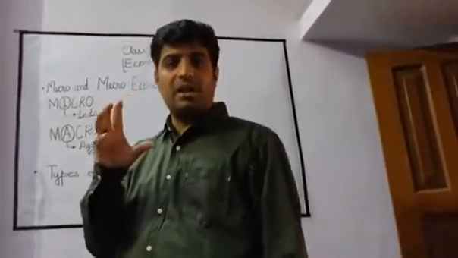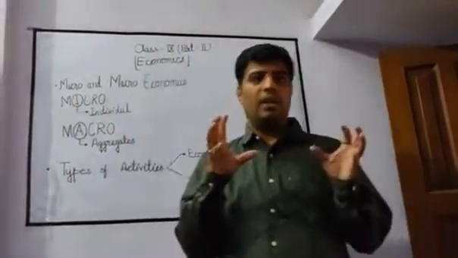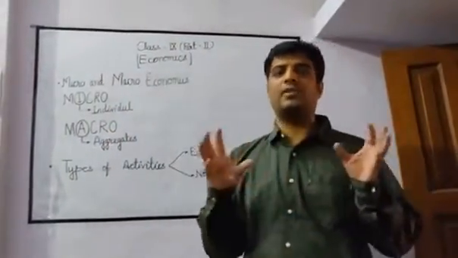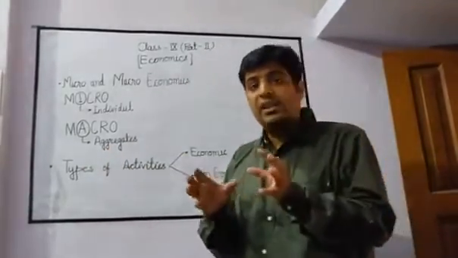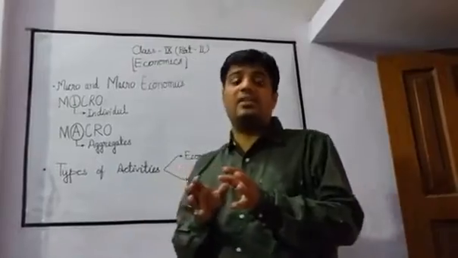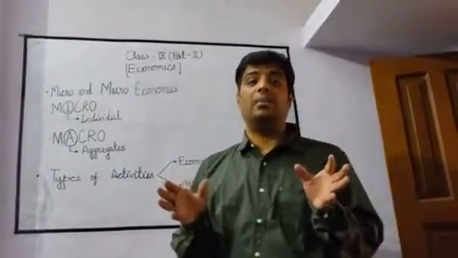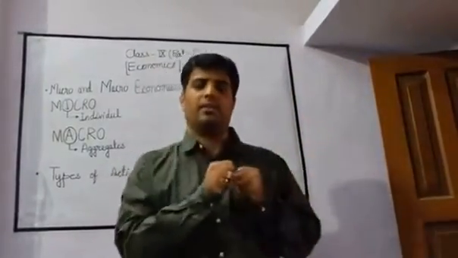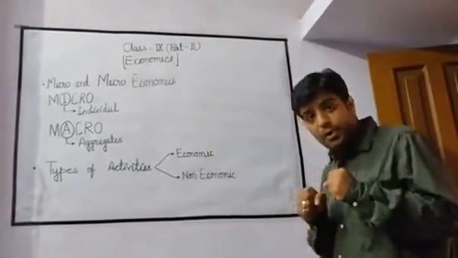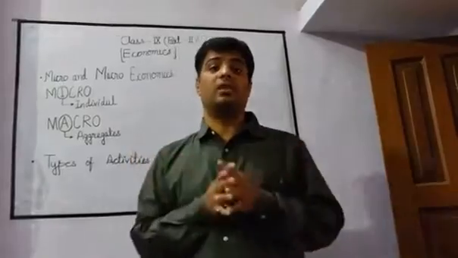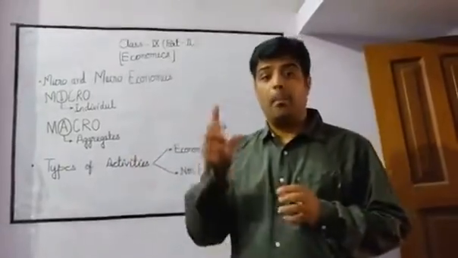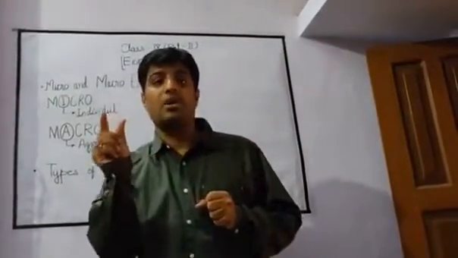Every consumer with his pocket money tries to get maximum satisfaction. He allocates his resources in such a manner that he may get maximum satisfaction. Every producer tries to allocate his resources so that he gets the maximum amount of profit.